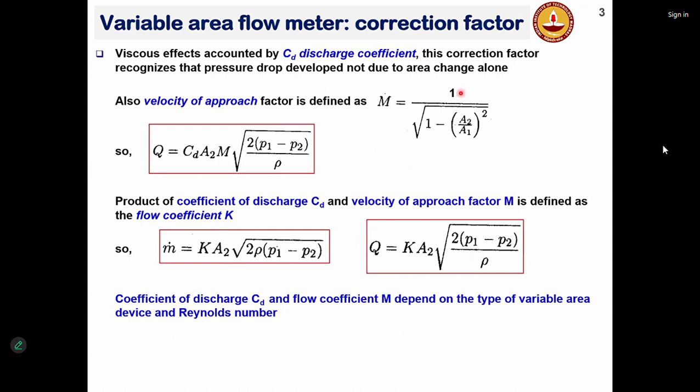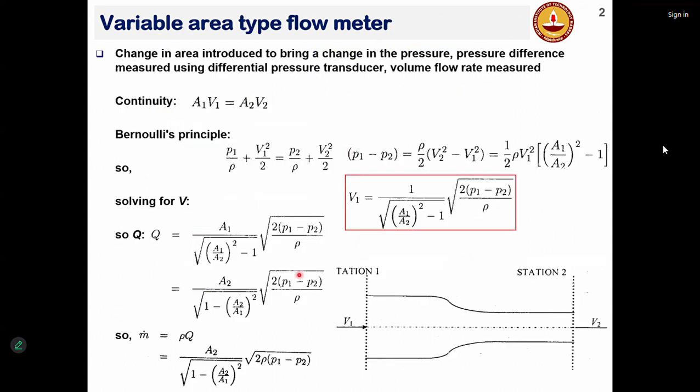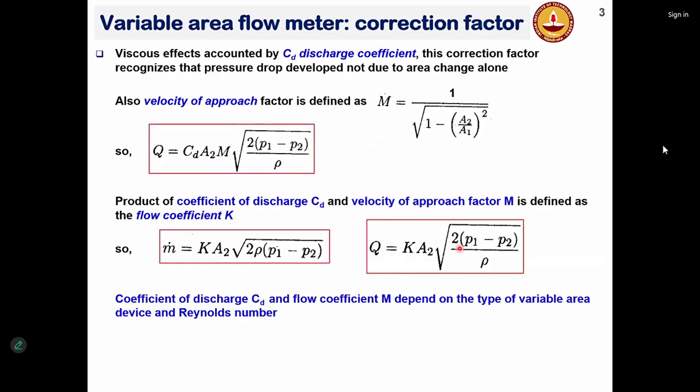You can define another parameter in this equation, which is 1 over the square root of 1 minus (A2 over A1) square. That is known as the velocity of approach factor. How much different A1 and A2 are is represented by what is called the velocity of approach.